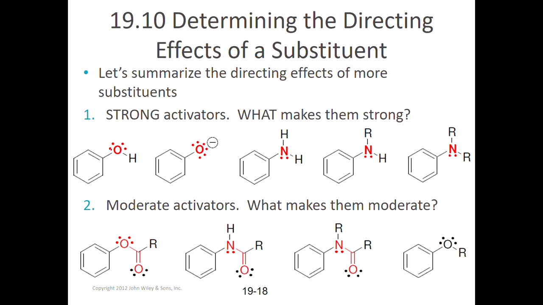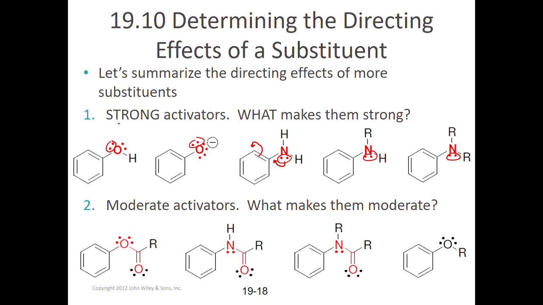So when you have a group attached to the ring that has lone pairs right there on the very first atom out from the ring, the more willing those lone pairs are to shift into the ring through resonance onto the carbons or onto the partial positive that would be formed when this ring reacts with an electrophile, the more stabilizing that group is going to be during the transition state, and the faster that reaction is going to occur.